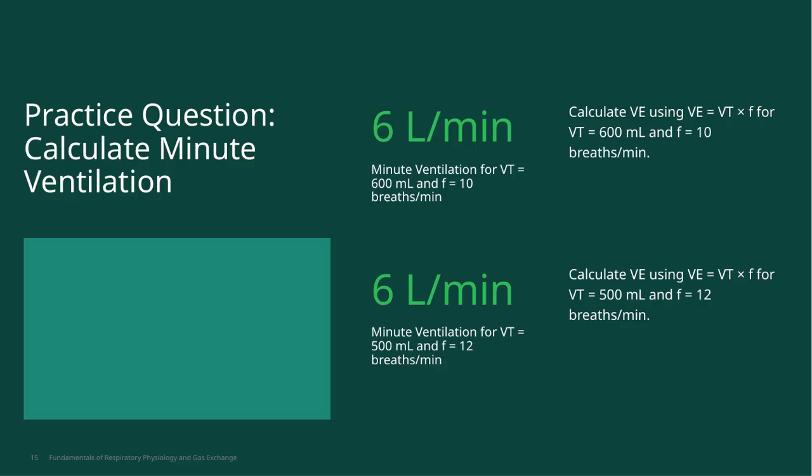Understanding this helps us see how the respiratory system adjusts to meet the body's oxygen demands and remove carbon dioxide efficiently. So always remember the simple formula: VE equals VT times F. It's a fundamental concept that ties directly into how we evaluate respiratory function.